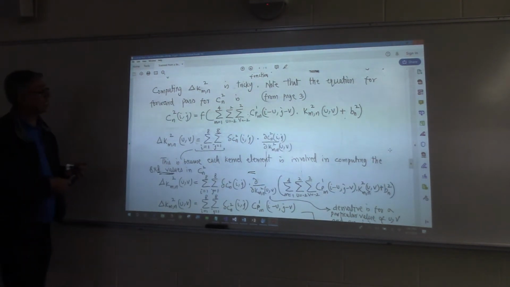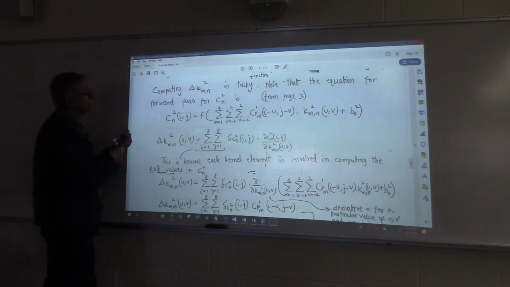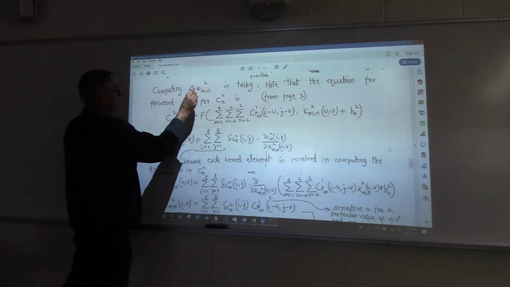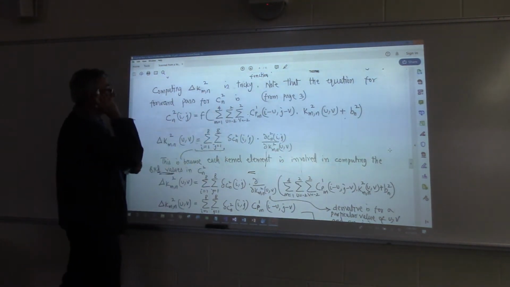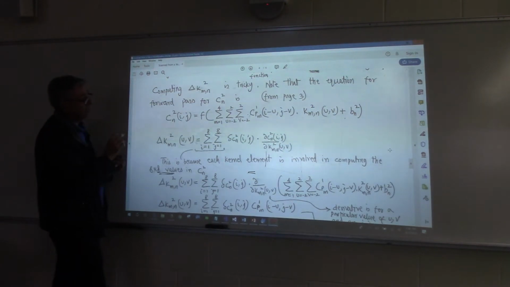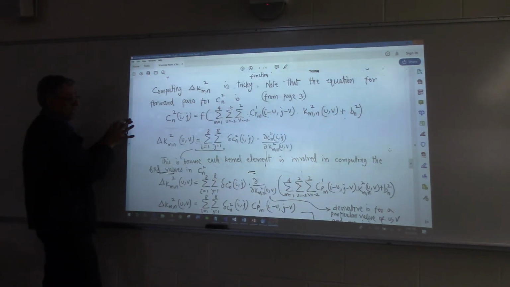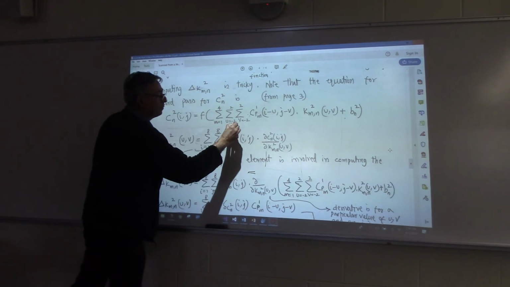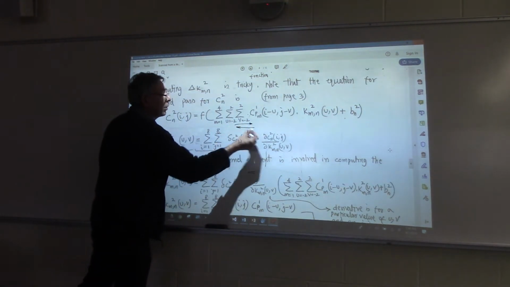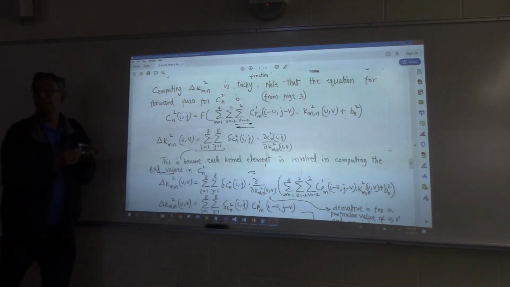Like I said, computing delta is tricky. An easy way to understand it is to look at how we went forward. Then in the backward pass, we can see how the derivative will be done.